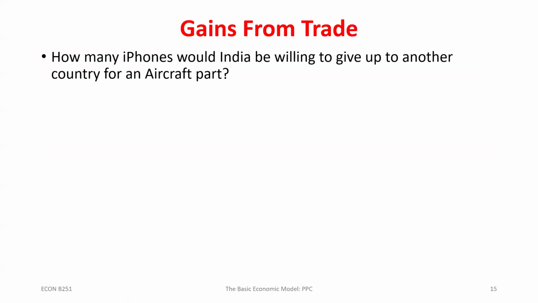So as long as the US asks for anything less than 5, I'm better off trading with the US than making it myself. So for India, in terms of how much an aircraft part is going to be traded for, anything less than 5, I'm better off trading than producing it myself. Is that making sense? Shouldn't be too crazy.